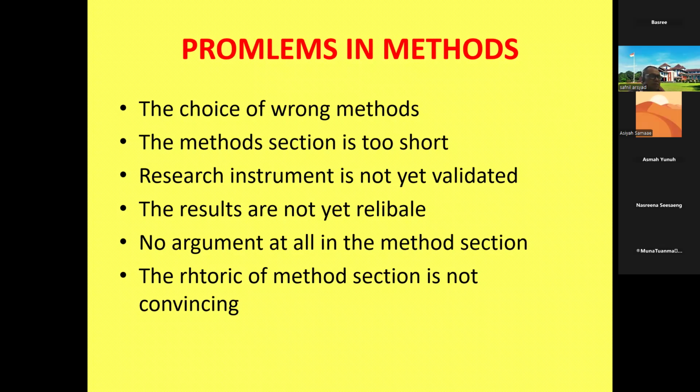Okay. For example, if you want to know the perception of an audience, let's say students, on the function of English at university level, and then you just interview several participants or respondents, readers may not trust that you can answer your research question correctly or sufficiently. So sometimes it is just logic.